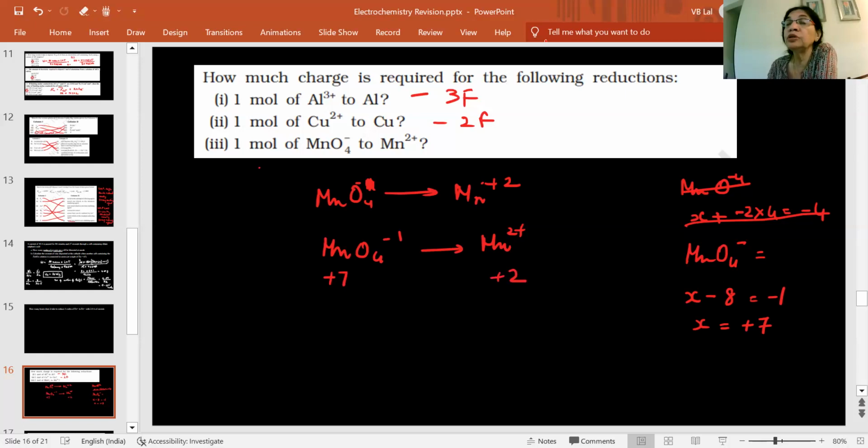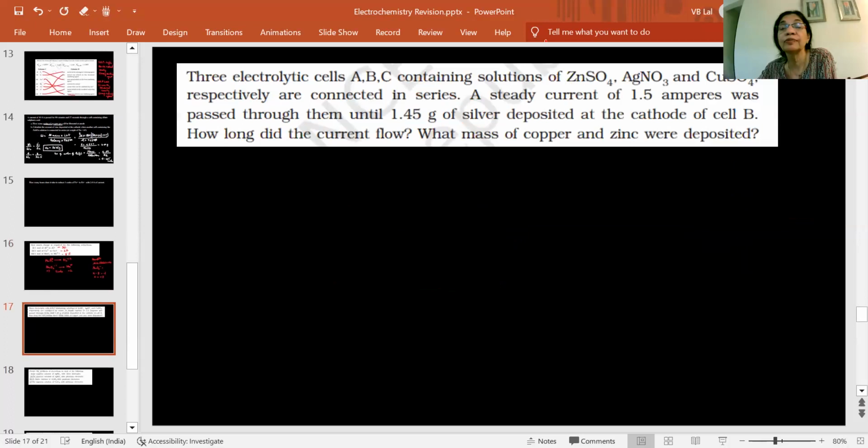So how many moles of electrons have I used to convert 7 to 2? 5 moles. So it will be 5 Faraday. Did you understand? If you are given an ion, this is how you have to do it. Convert and see how many electrons are required to change that oxidation state from one to the other.